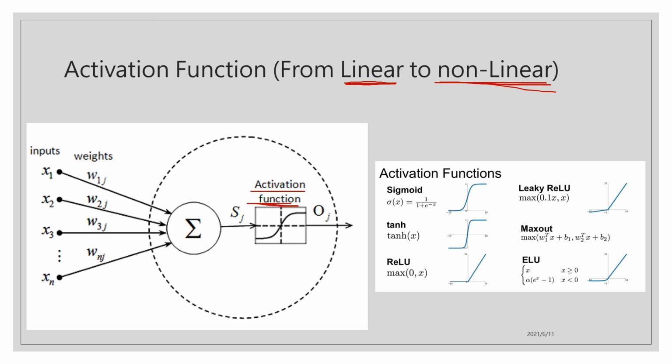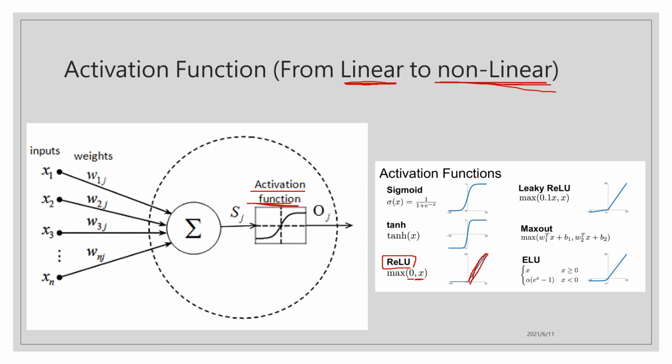So we have the sigmoid, we have the tanh, we have the ReLU, maximum of 0 or x. If the summation of all the w and x passes the 0 value, we return x, the true weighting, to the output.